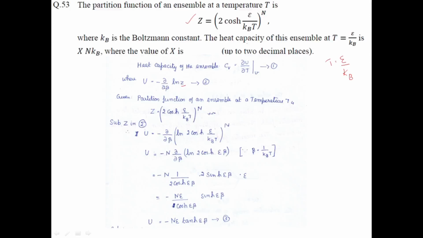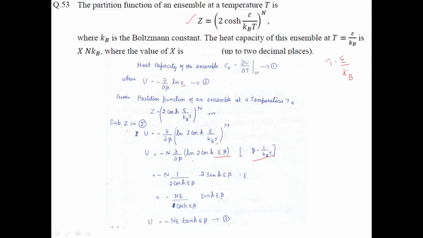Now substitute the value of Z in U. So you will be getting U is equal to minus dou by dou beta ln of 2 cosh of E divided by kBT, the whole power n. Now we know that beta is equal to 1 divided by kBT. So instead of 1 divided by kBT, substitute beta. So you will be getting E into beta here.